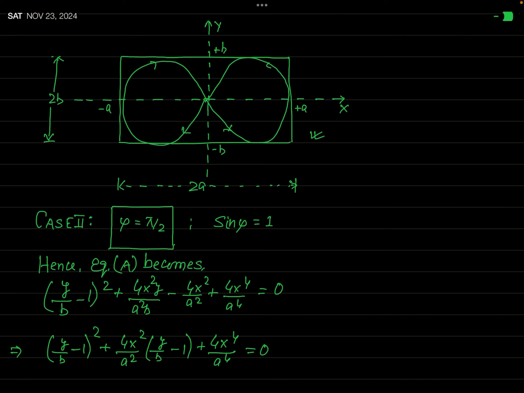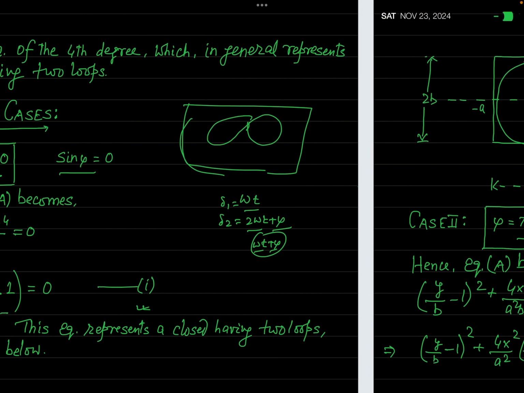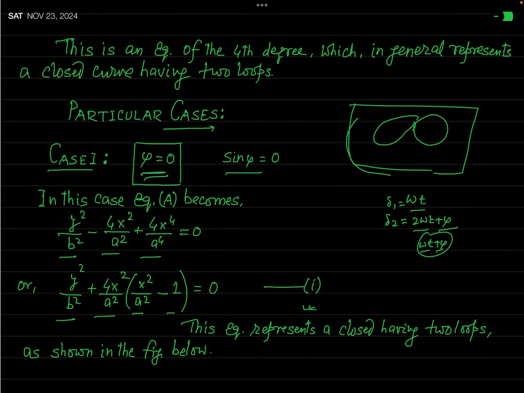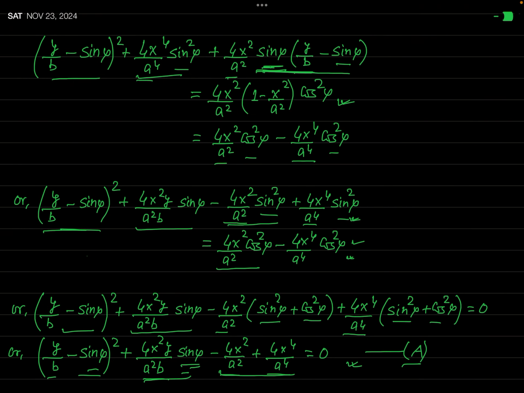Now, we are going to see another standard value of phi, which is pi by 2. You know, if phi is pi by 2, then sin phi will be 1. So in this condition, what will be the equation of trajectory? For this, we will again substitute the value of sin phi, which is 1 in this case, in this equation A. So instead of sin phi in the first term and in the second term, we will put 1.